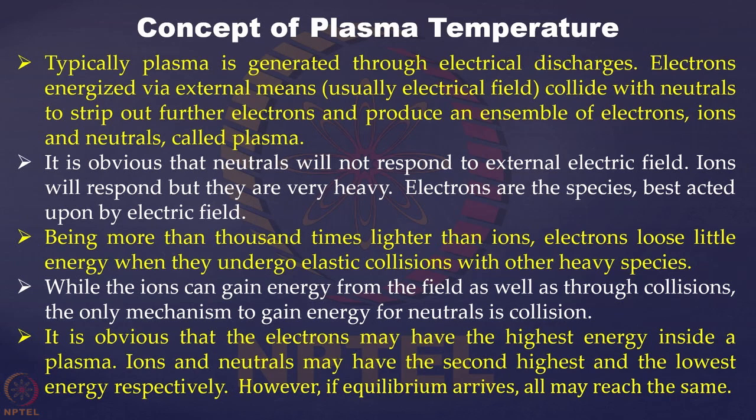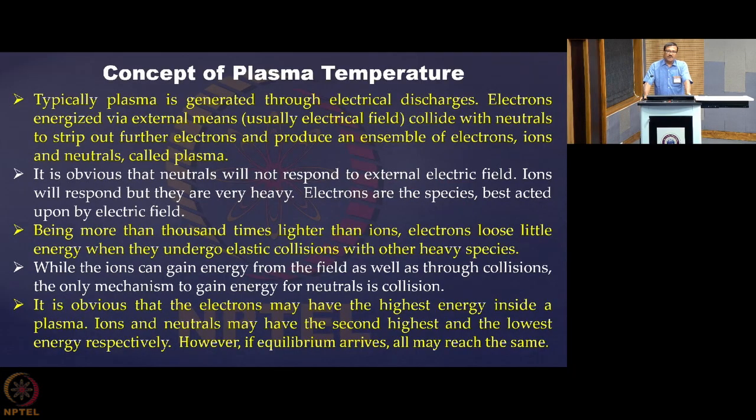But if it is not so, then they may stay at different temperatures. So we explained that electrons will have a much higher temperature compared to the ions and neutrals, ions may have a higher temperature compared to neutrals, and neutrals may have the lowest temperature.